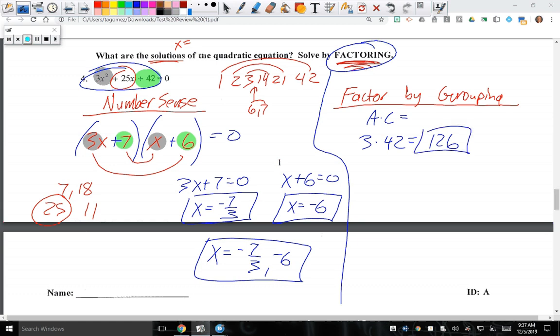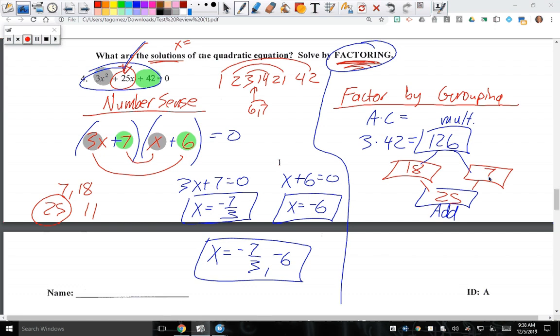After that, we will ask ourselves, what 2 numbers will multiply to get 126, but at the same time will add to get this number right here? So add to get 25. So you tell me, what 2 numbers will multiply to get 126, but will add to get 25? 18 and 7. Nicely done.